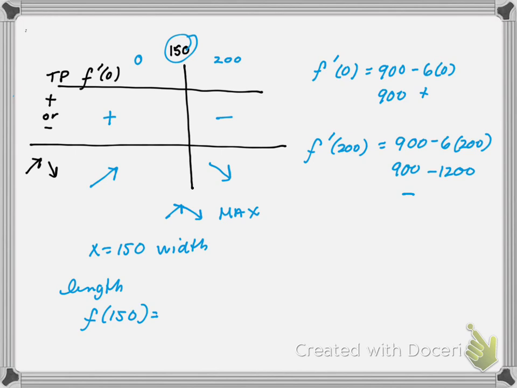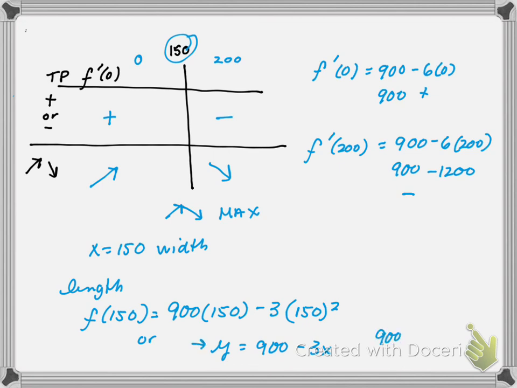And remember, our original equation was 900x minus 3x squared. So we can do 900 times 150 minus 3 times 150 squared. That's one way to do it. Or I can use this equation, which might be a little bit faster, guys: 900 minus 3x. So I'm going to actually go for this one.